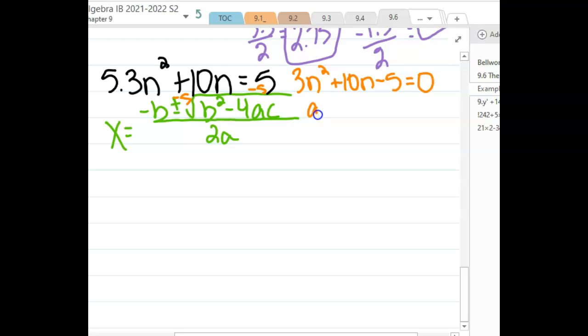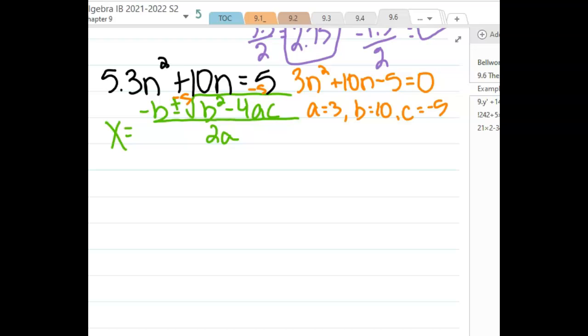So if I identify A, it would be 3, B would be 10, C would be negative 5. Now, if you want to get really technical here, the quadratic formula says x equals the opposite of b, yada, yada, yada. But for this one, I'm not really solving for x, am I? I'm solving for n. Guess what? The quadratic formula still works if it's not an x.